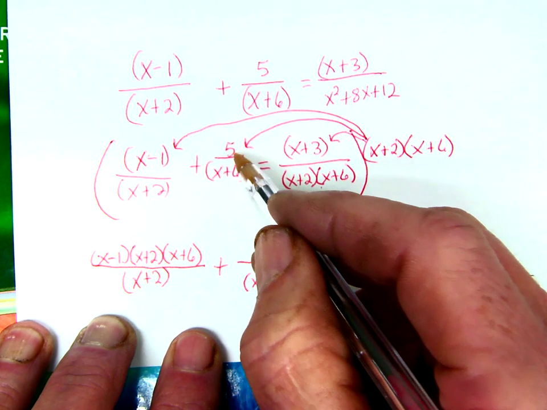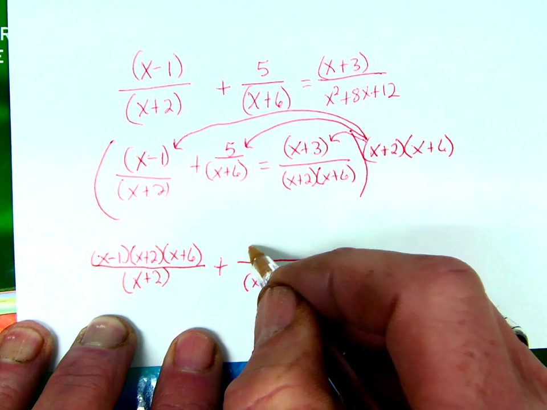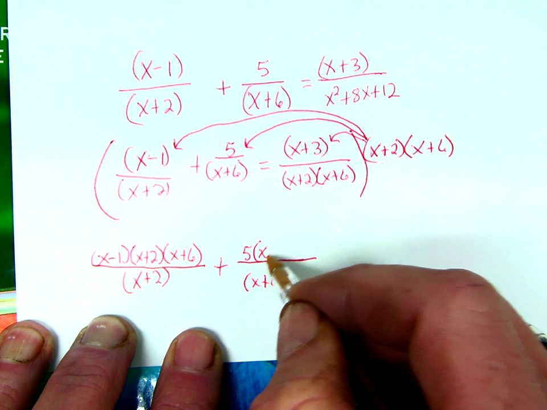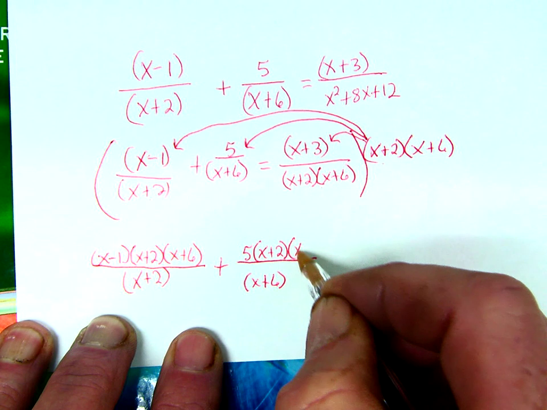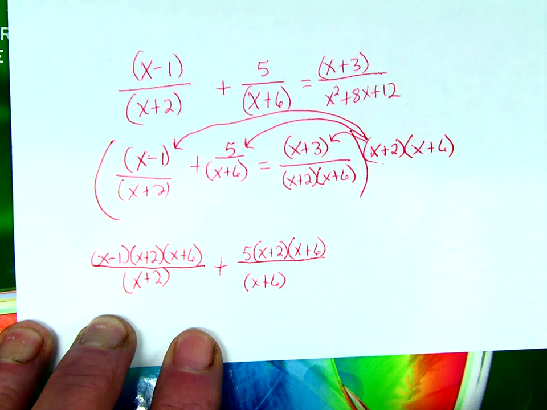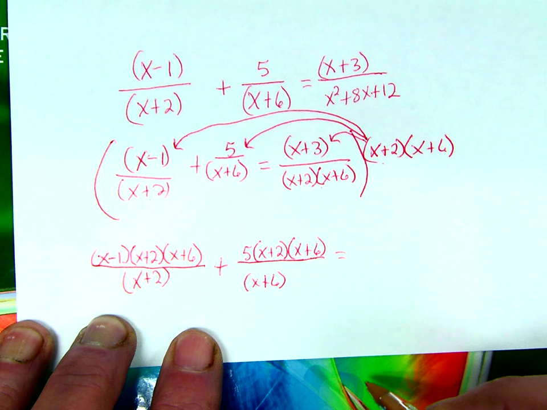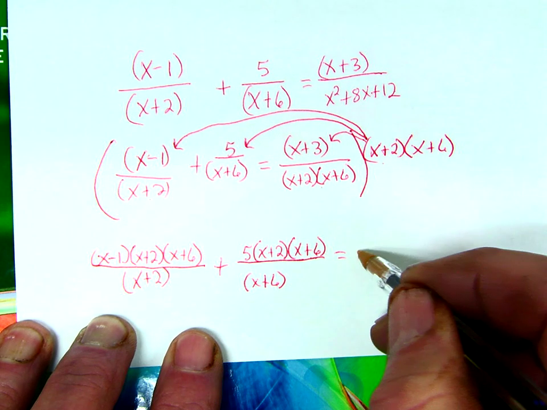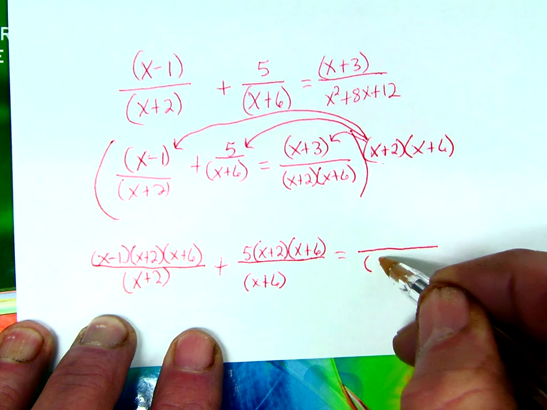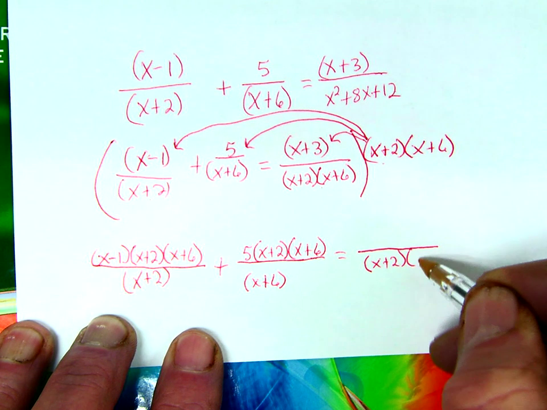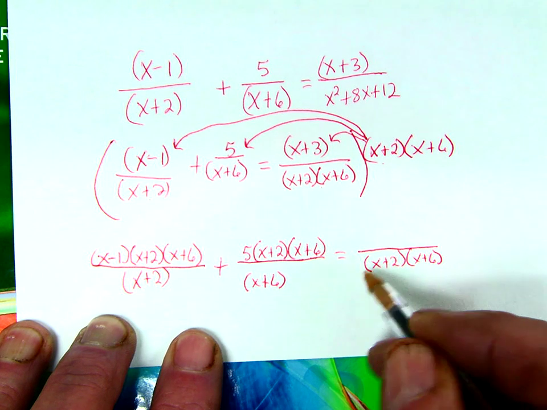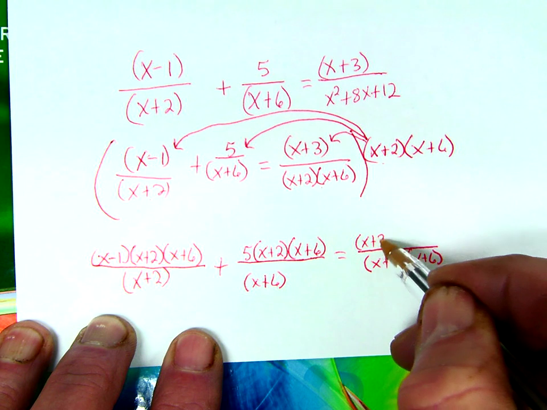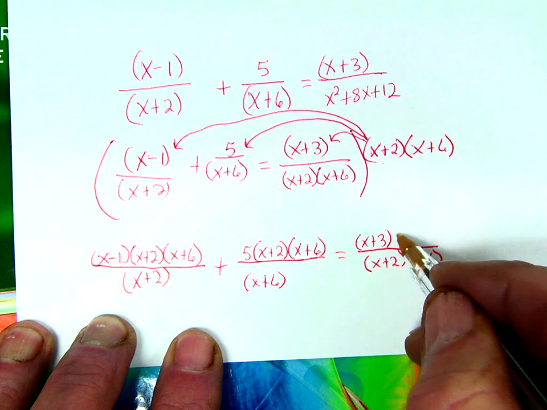And our numerator is going to be this numerator times this, x plus 2 times x plus 6, equals. Now we're ready for this one. Our denominator is going to stay the same. And our numerator will be this times this.